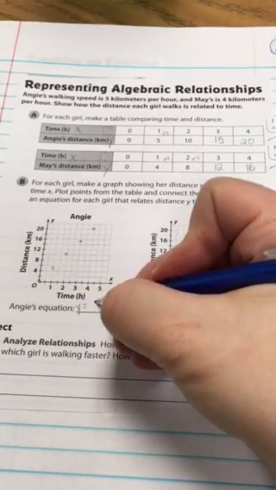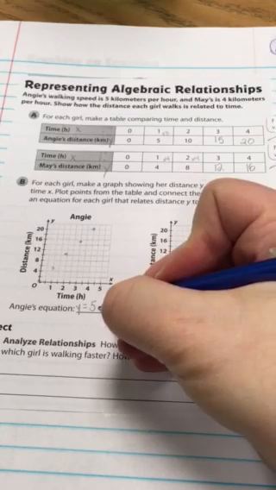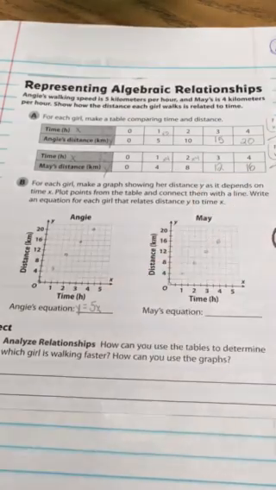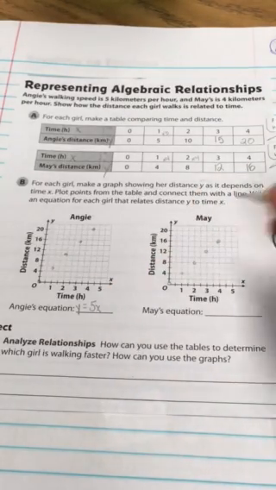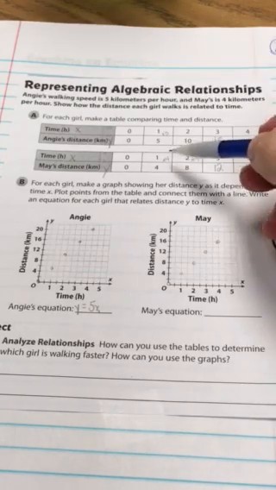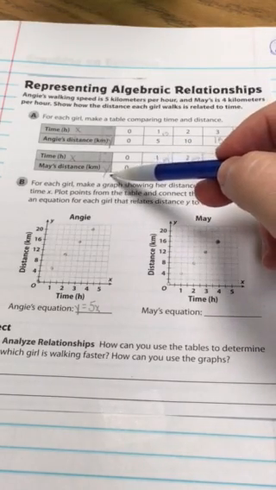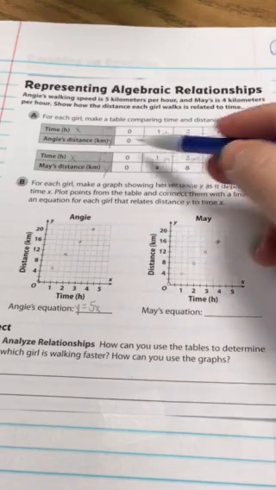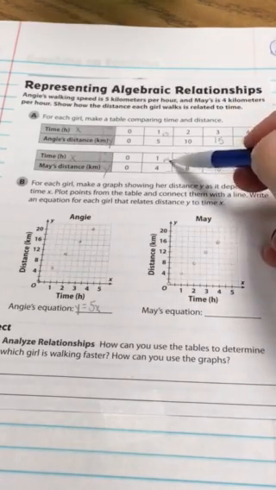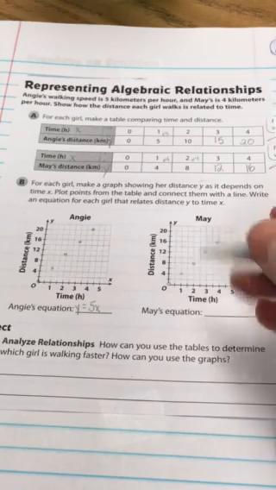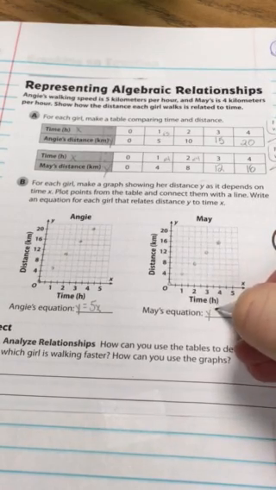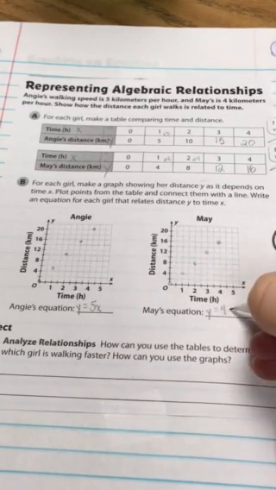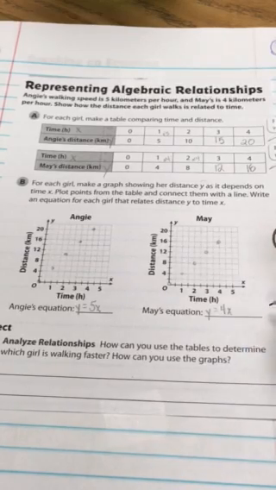Now remember, we are 6th graders, so we're going to put our coefficient 5 in front of our variable x. So 5 times x. For May, we decided that y being dependent upon x, x times 4 is going to give me y. So y equals, remember, we are 6th graders, coefficient 4x. That's how it should look.